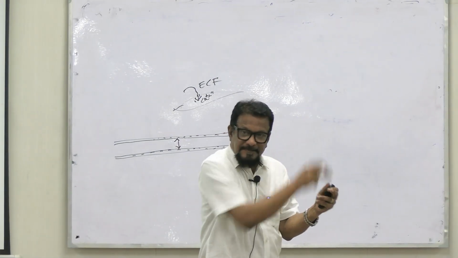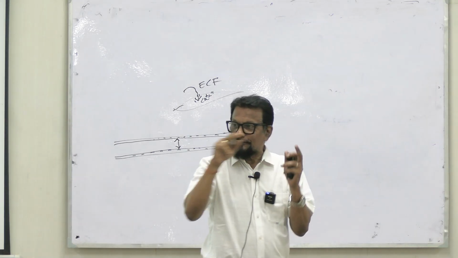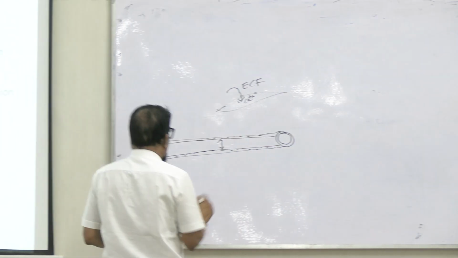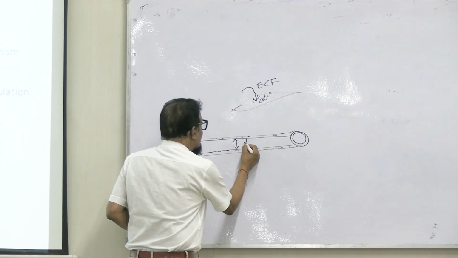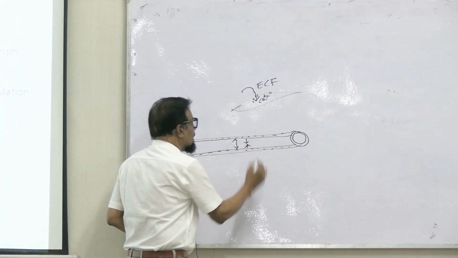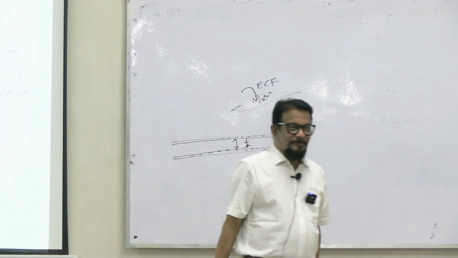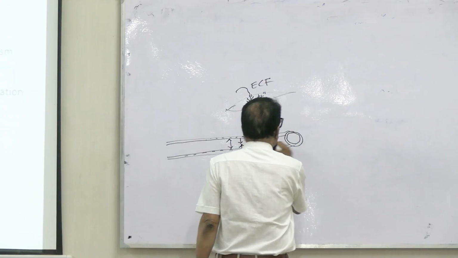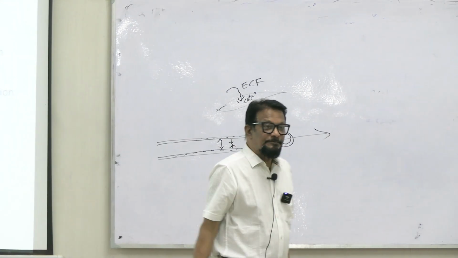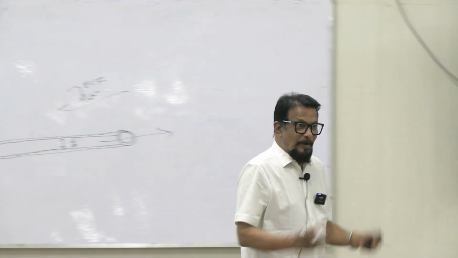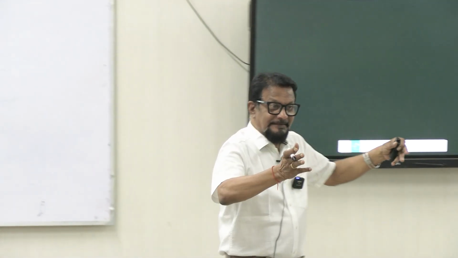Now smooth muscles are circularly arranged. So because of this contraction, the lumen will be narrowed. If the lumen is narrowed, blood flow will be reduced. When it was dilated, more blood was passing.